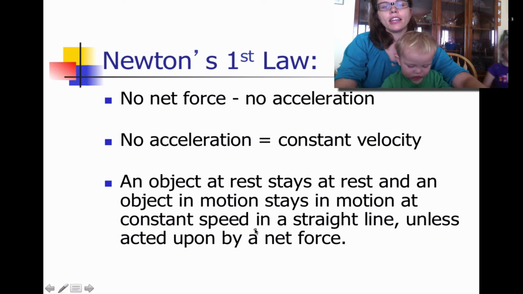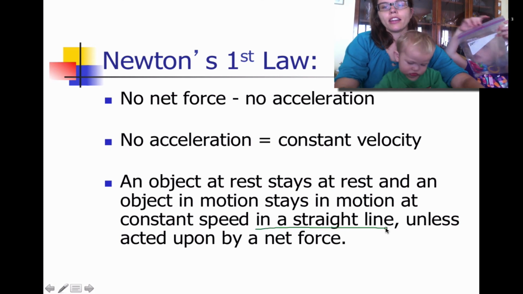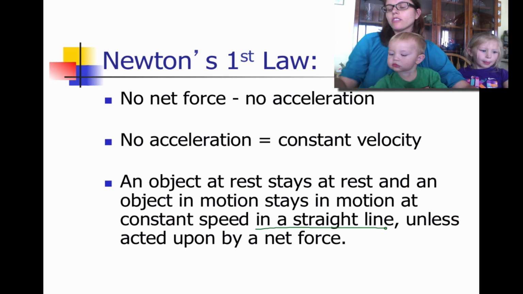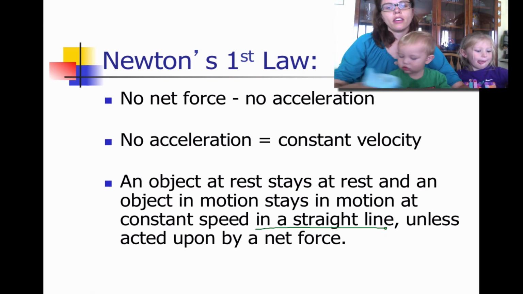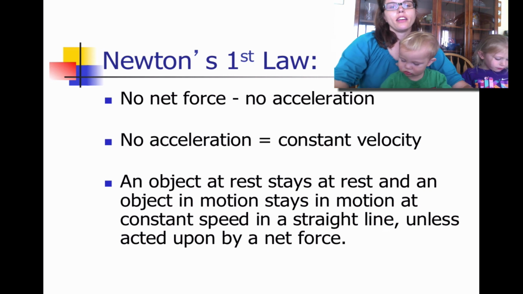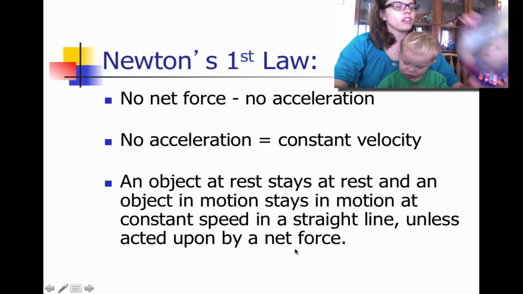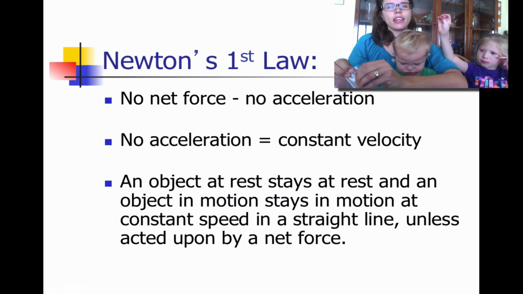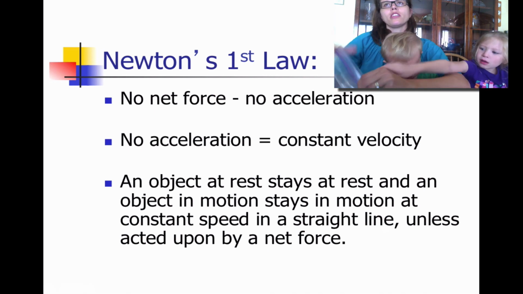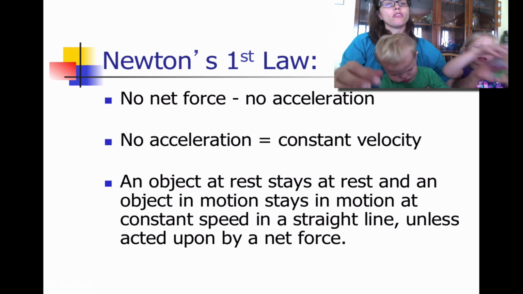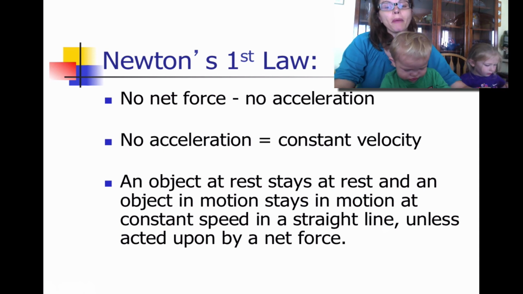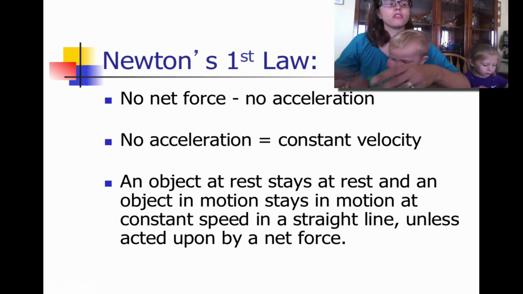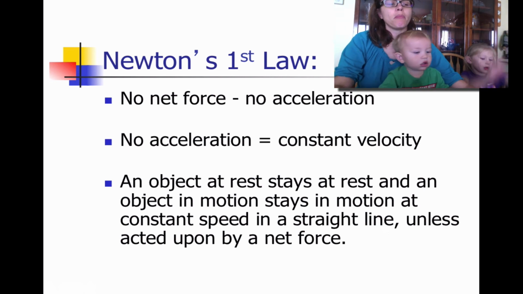Newton added in a straight line, and that's really important, and we will see this more when we talk about circular motion. So, unless acted upon by an outside force. But essentially, the big jump in ideas for Newton's first law was actually developed by Galileo. We call it Newton's first law because Newton added to it, refined it, and made it more complete.